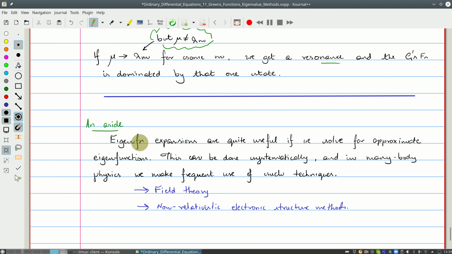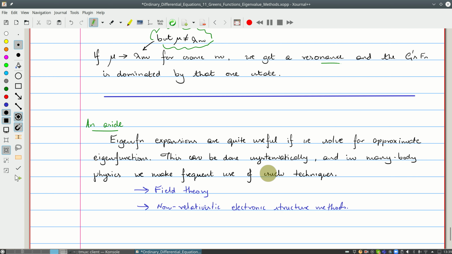Now, eigenfunction methods are the kinds of techniques that we use in practice when finding Green's functions for real-world problems. We can't find the exact eigenvalue spectrum of most of our linear operators, but we can often find approximate eigenfunctions and eigenvalues in a systematic way.